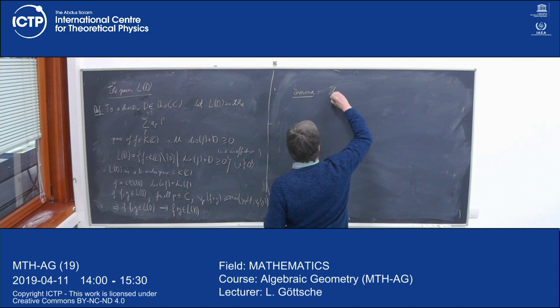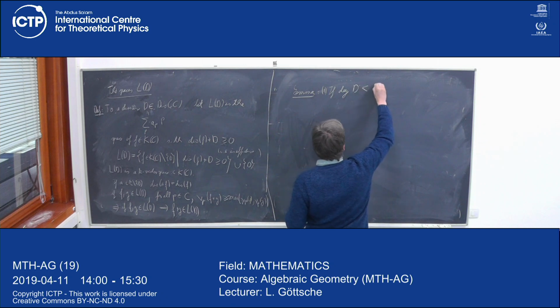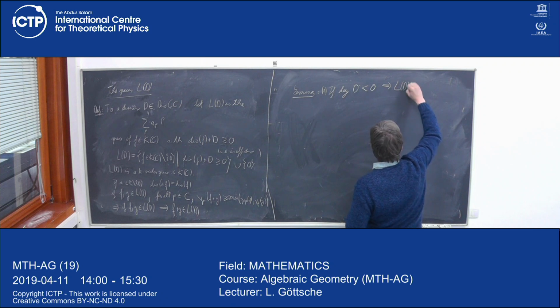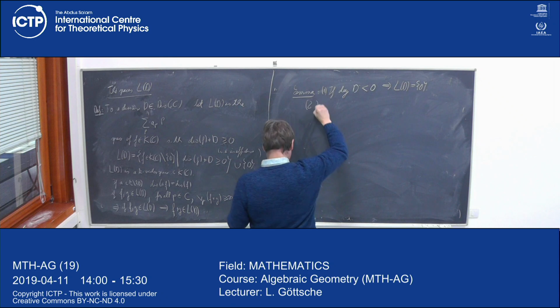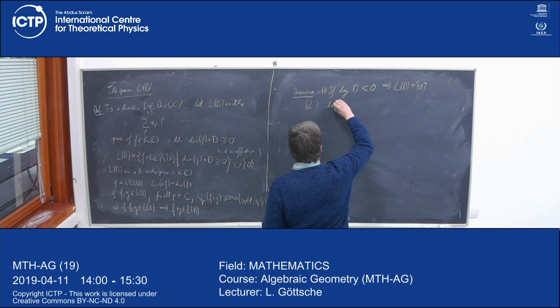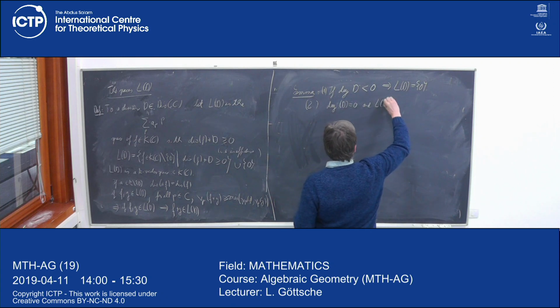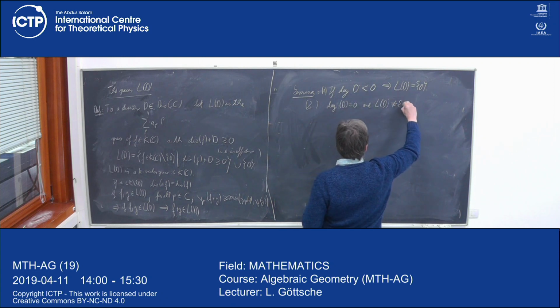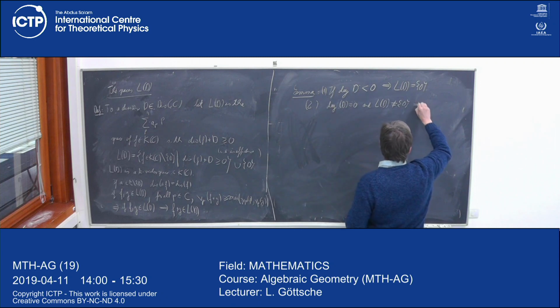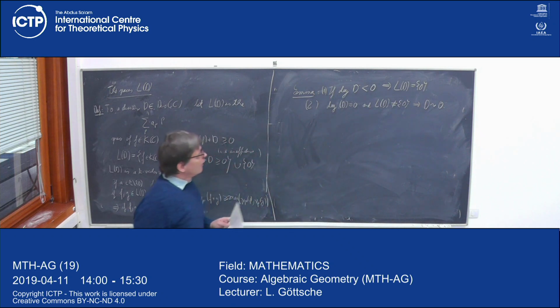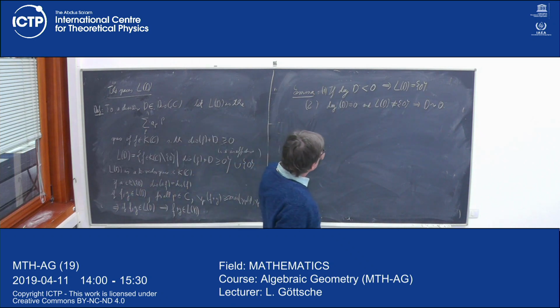If the degree of D is smaller than 0, then it follows that this vector space is the 0 vector space. And if the degree of the divisor is 0 and the vector space is not 0, then it follows that D is linear equivalent to 0. Okay, so the first one is kind of clear.